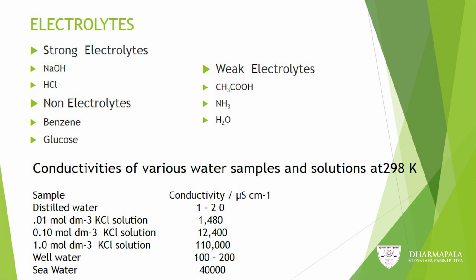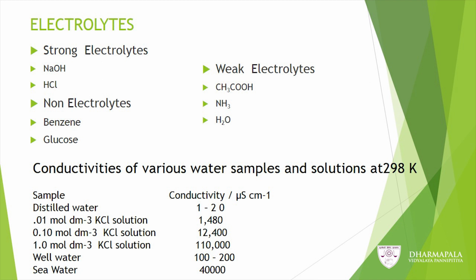Conductivity of distilled water is around 1 to 20 microsiemens per centimeter. 0.1 mole per cubic decimeter potassium chloride solution has a conductivity of 1480 microsiemens per centimeter. 1 mole per cubic decimeter KCl solution, 12,400 microsiemens per centimeter. Now here you can see the effect of concentration of the solution.